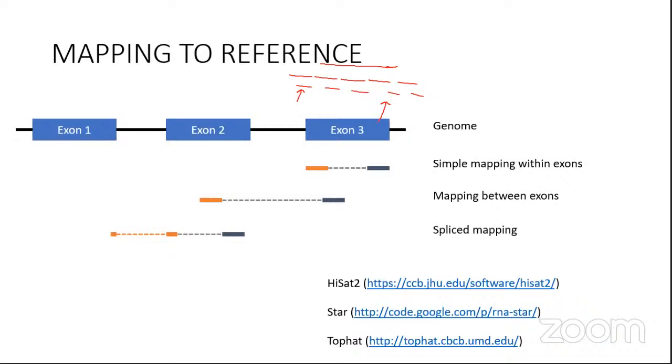I can just use a simple aligner, that is Bowtie or any other aligner which can align my reads to these transcripts. If I am just not aligning and just doing the quantification, I can use HISAT. If I am doing alignment based quantification, I can use either STAR or TopHat.